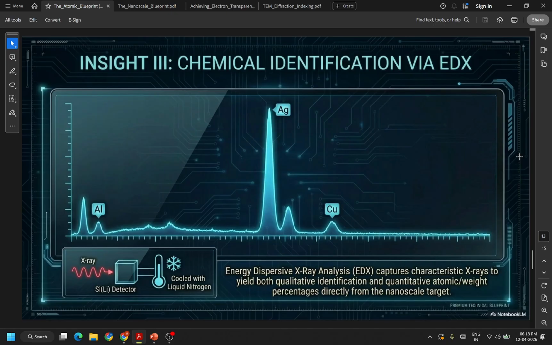The characteristic X-rays are captured using a silicon or lithium detector, which is cooled via liquid nitrogen to have very little noise. And then using characteristic X-rays, it can create a spectrum of all the elements that are present and their atomic or weight percentages inside the material.